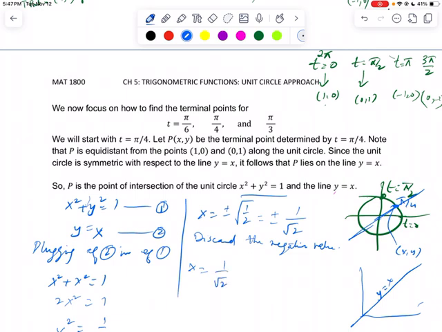Now this is the value of x, but we would like to rationalize it, meaning we want to get rid of the square root from the denominator. So what do we do? We multiply by the square root of 2 top and bottom. So on the top I get the square root of 2, at the bottom I get 2. So this is the value of x.